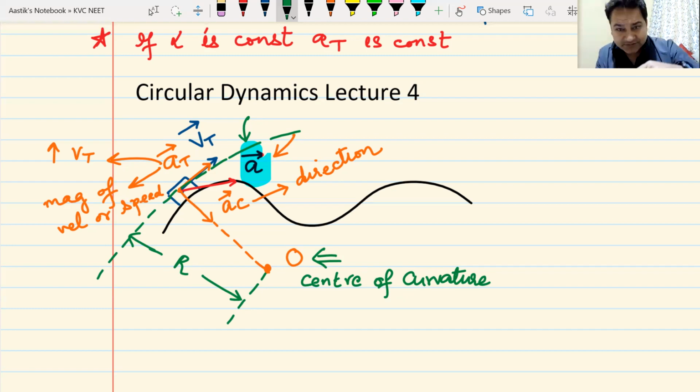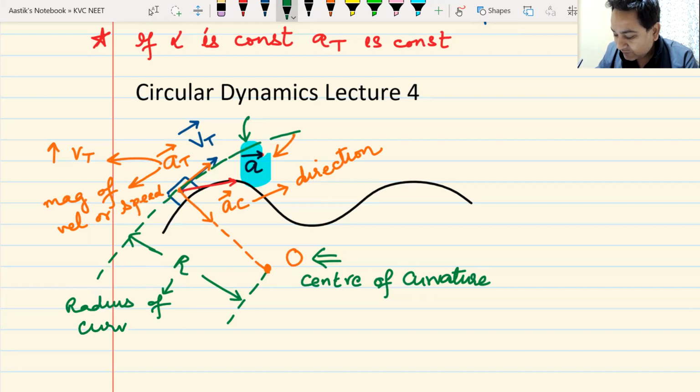So what will I call this radius? If you can tell me, you will always remember it. Yes, the class is attentive. This radius will be known as radius of curvature. Radius of curvature. Well done, everyone.